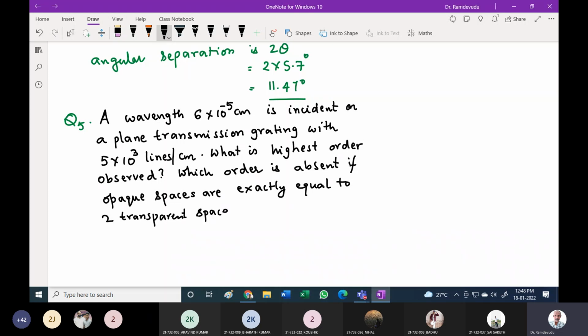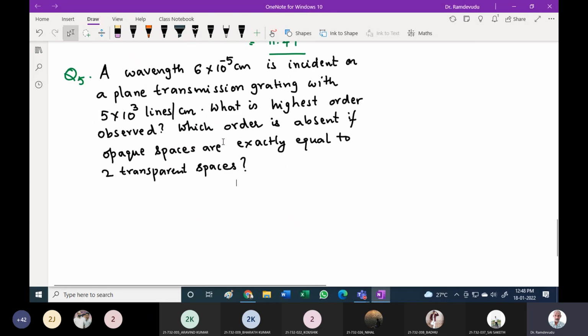This is an important question. You know how to find the highest order. To find the highest order, lambda is equal to sin theta by N into n. For the highest order, I'll take sin theta equal to 1. So the highest order n I have to find.